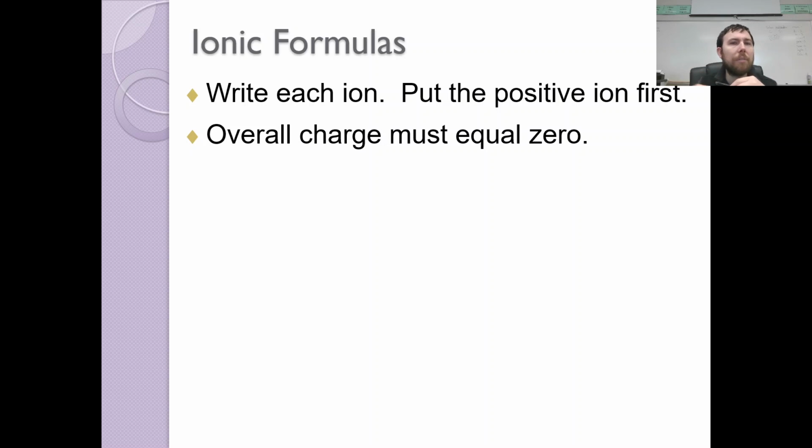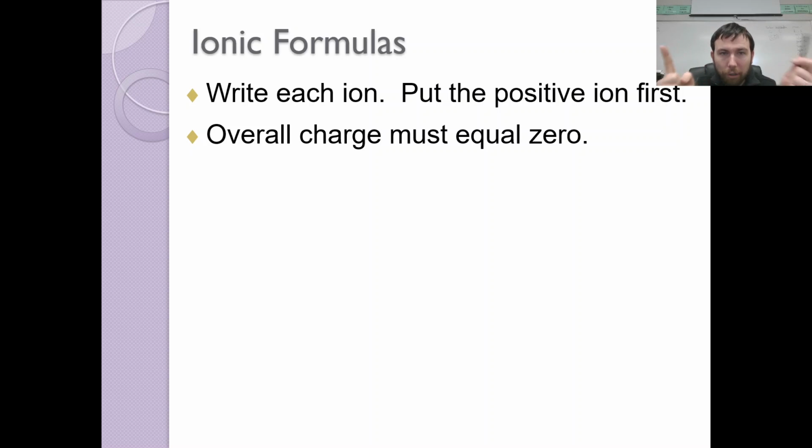Step number two: when you look at the charges on your ions, when it forms a compound, they need to add up and equal zero. If it doesn't equal zero, then it's not a neutral compound, which is what we need to have for ionic substances.